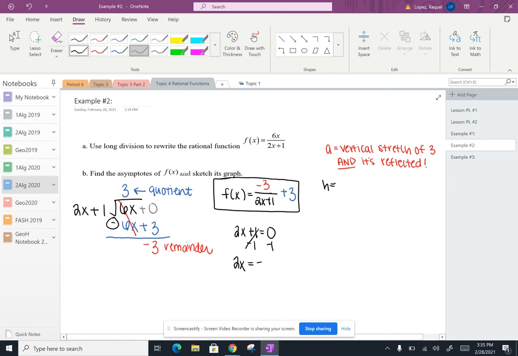So we have 2x equals negative 1, divide both sides by 2. So what this tells me here is if I plug the value negative 1/2 into this equation up here, I'm going to get 0 in my denominator. So I would end up with something that looks like this, which cannot happen because I cannot divide numbers by 0. So this tells us our vertical asymptote is at x equals negative 1/2.